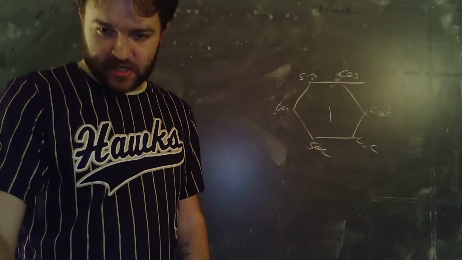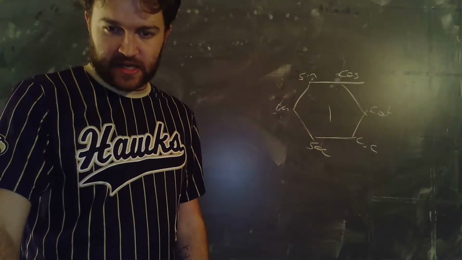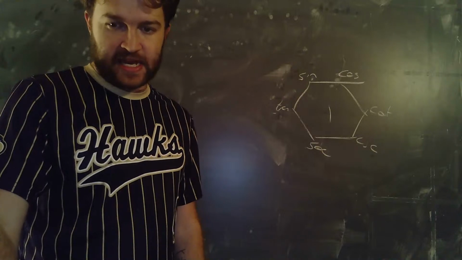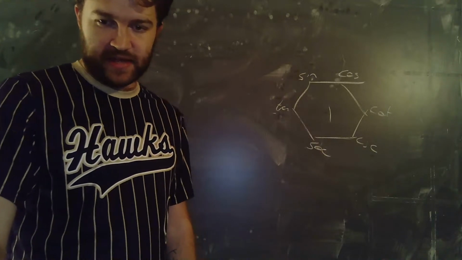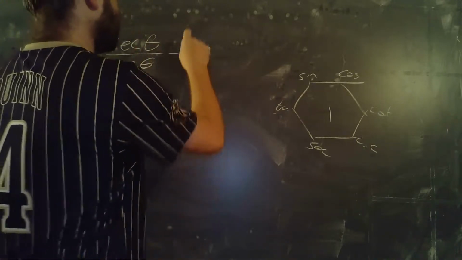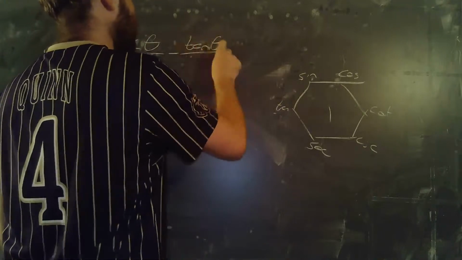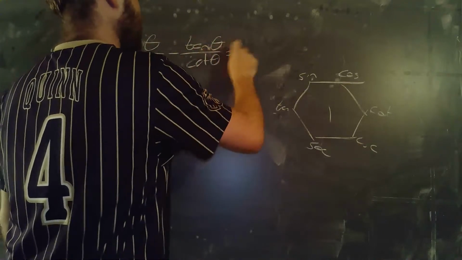Okay, so that question about how did I move the cosine and the sine to the top, I want to illustrate that again using this question directly above that. It says secant of theta divided by cosine of theta, minus tangent on cotangent. Tangent theta on cotangent theta is precisely 1.